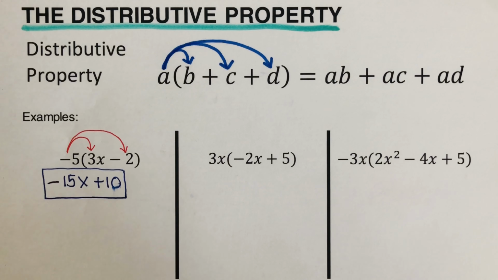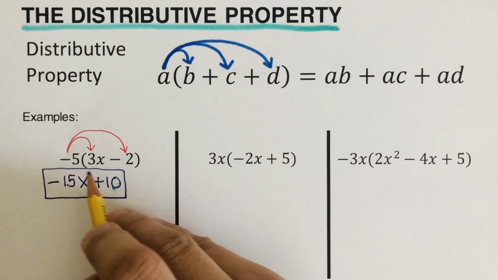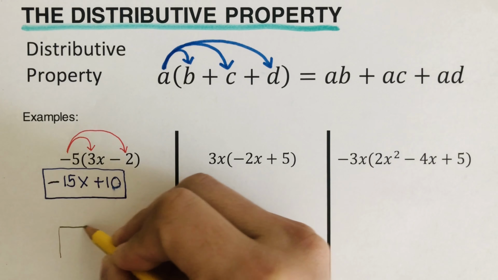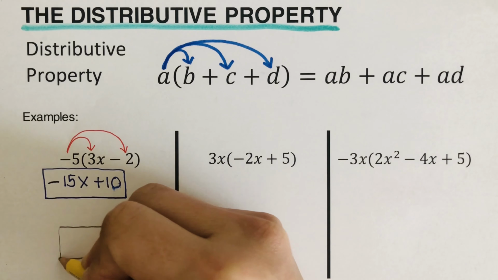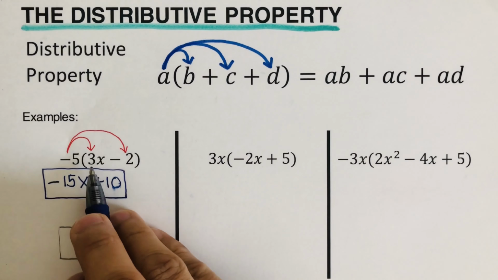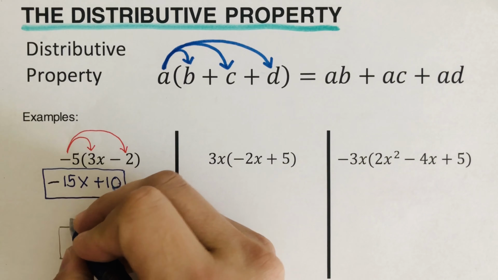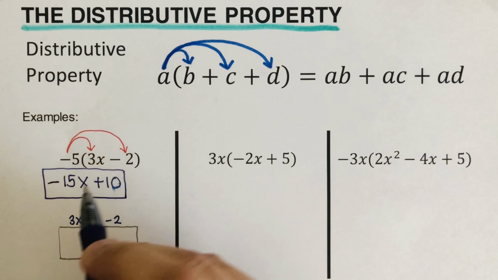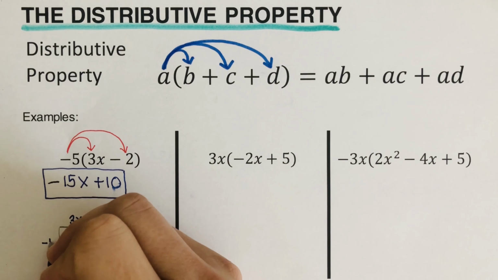The box that we're going to use here would be a 2x1 box. So that's going to be 2 columns and 1 row, and in here I'm going to have these 2 terms, 3x and then -2, and then I'm going to have a -5 here.